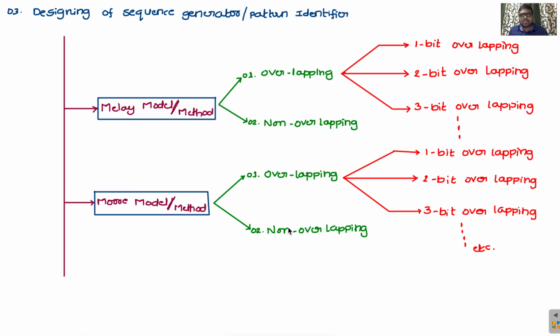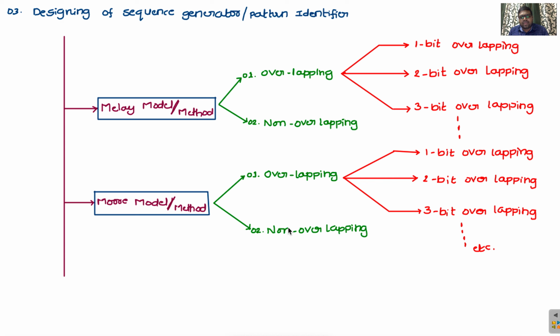Again this is classified into two types, Mealy model and Moore model. Mealy model is again classified into two types: one is overlapping method and the other is non-overlapping method. In overlapping we can consider 1 bit overlapping, 2 bit overlapping and 3 bit, like that it goes on.